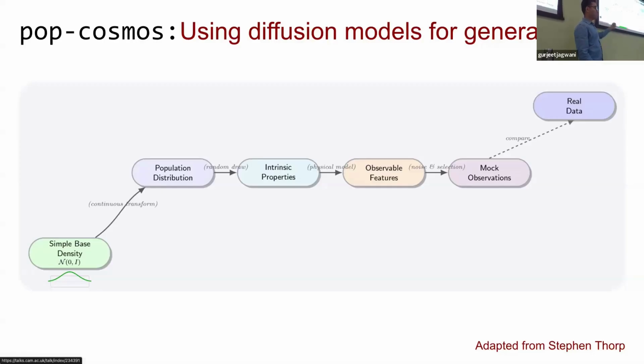Those are then converted into mock observations, so adding noise and making selection cuts that you would actually see in a catalog that you would observe from a telescope. And then you compare that to real data and see how good your fit is and how well your main population distribution represents the catalog.